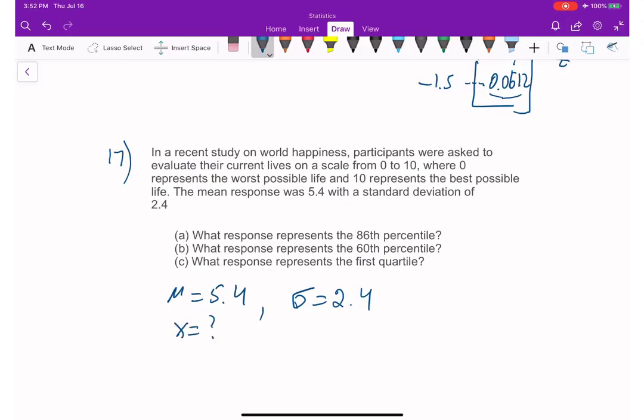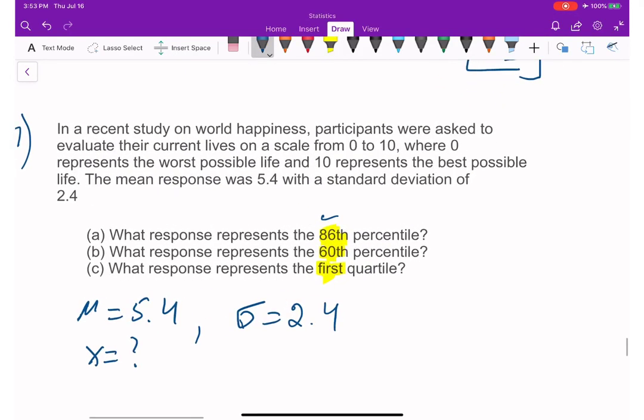The only thing we are missing is the z-score, and we will have it from these percentiles: 86%, 60%, and the first quartile, which is 25%. Let me write this down first. The z-score for 86%, which is 0.86, if you look in the table, is going to be 1.08.